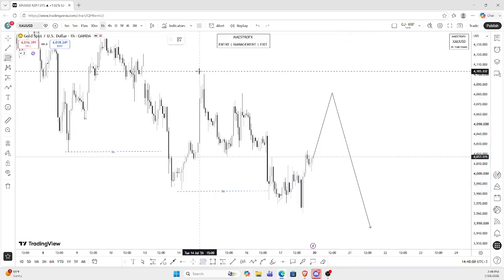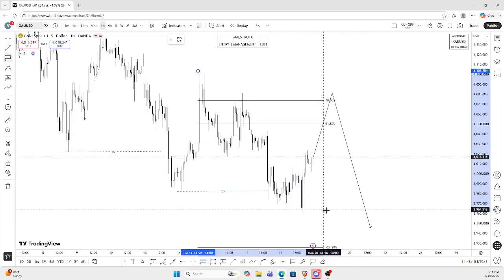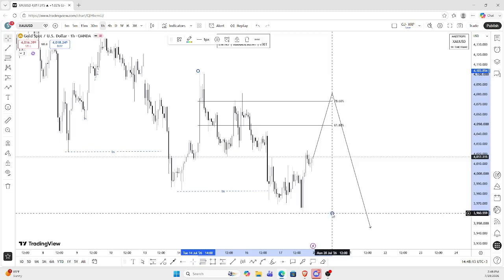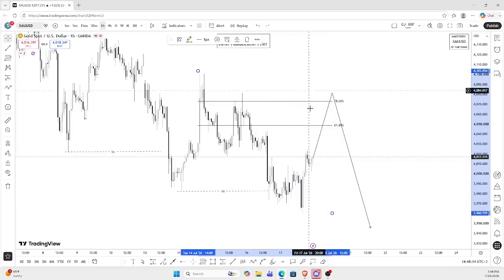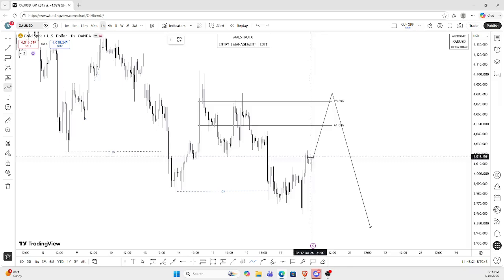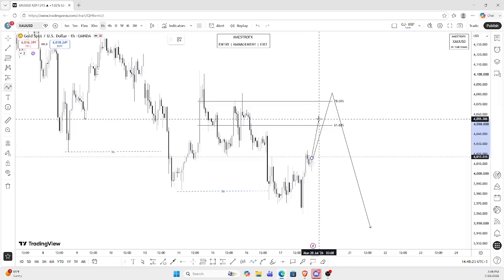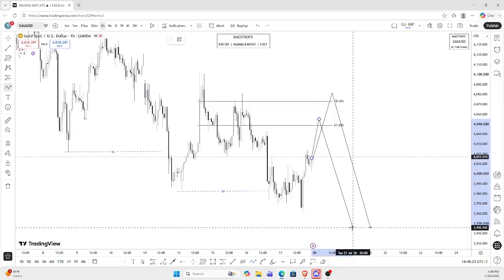So I'm anticipating a correction to 78.6, take this internal liquidity and push lower. Maybe we could still have a swipe of this liquidity and push lower.